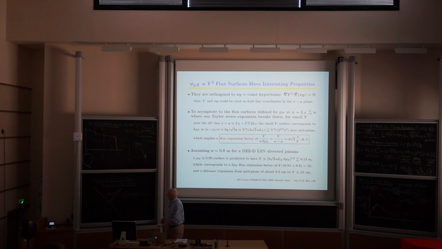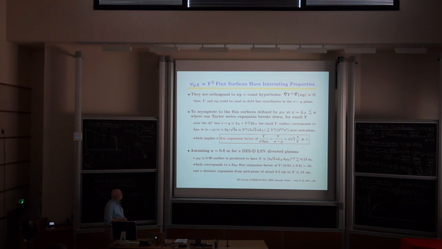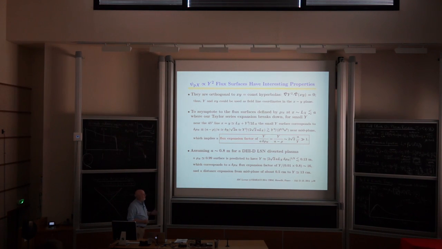But anyway, then you can ask things like, what's the expansion factor? If I'm within 1% of the separatrix up at the midplane, how much do I expand here? Surprisingly, in D3D, you might be half a centimeter away from the separatrix at the midplane, but you're like 13 to 15 centimeters down here above the x point. An expansion factor of 16 or so.